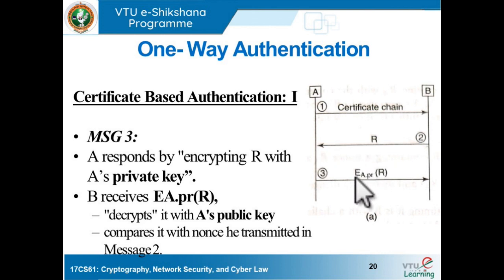Now this nonce is encrypted by A using its own private key. Now what should B do on receiving this particular message? Obviously B has to decrypt this information using A's public key and compare this nonce with the actual one that it has sent. If both of them match, then we say that A is able to authenticate itself to B.